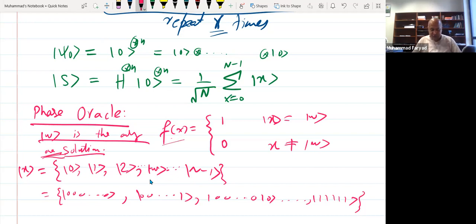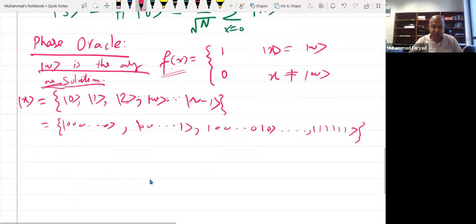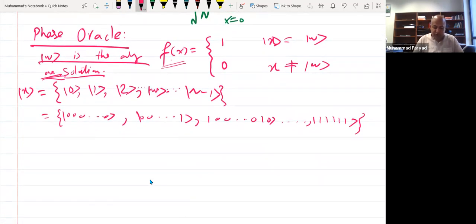So we need to implement an oracle that implements this function, which means that if you want to compare it with the Deutsch-Jozsa oracle, that was for the balanced function, you had f of x equal to 1 for half of the inputs, and f of x equal to 0 for the other half. But now we have f of x equal to 1 for only one input, and f of x equal to 0 for all other inputs.